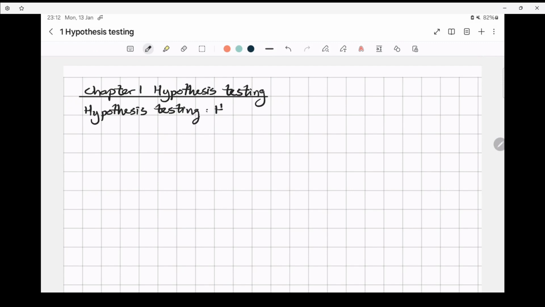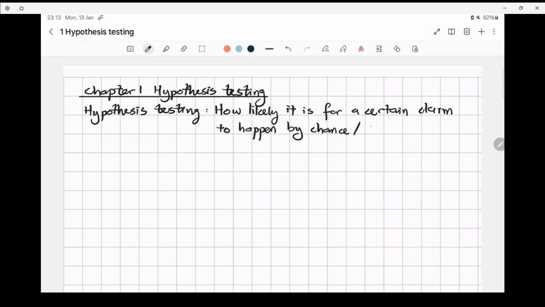It tells you how likely it is for a certain claim to happen by chance, or whether or not that claim is statistically significant.